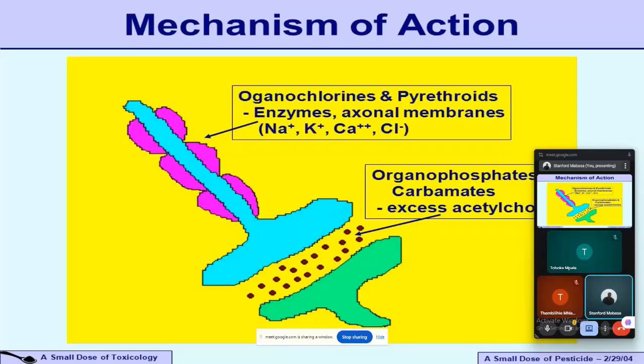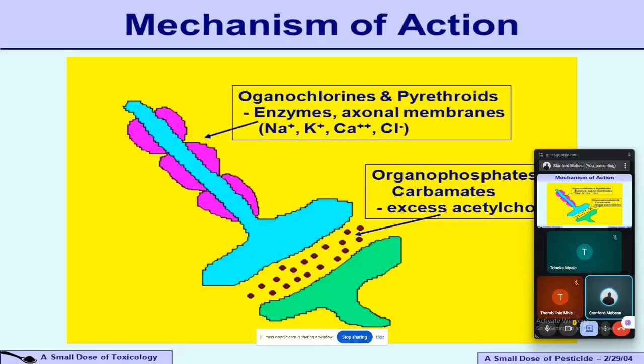Here, it's a simple diagram of the nerve. The purple areas, this is where you have organochlorines like DDT and the pyrethroids affecting that nerve, where they affect movement of sodium and potassium.